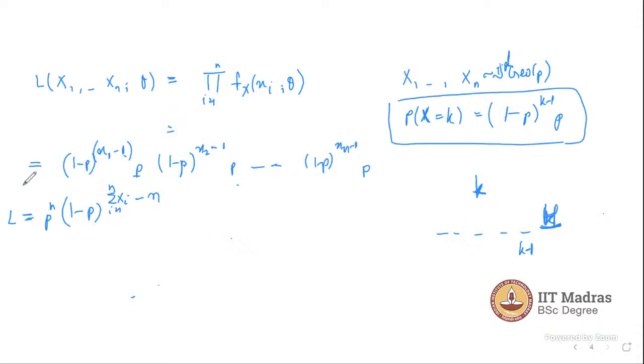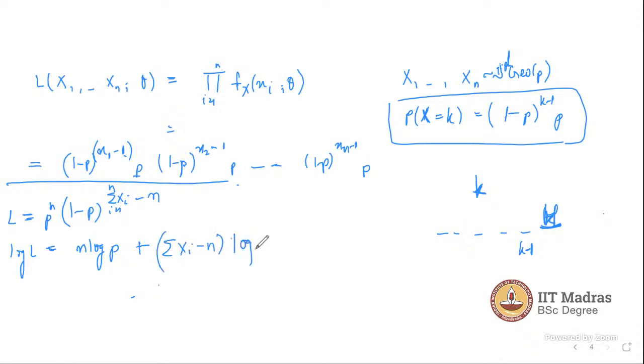Once you obtain the likelihood function, the second step is to take the log likelihood. Taking log on both sides, log L equals n log p plus (sum over xi minus n) log(1 minus p).